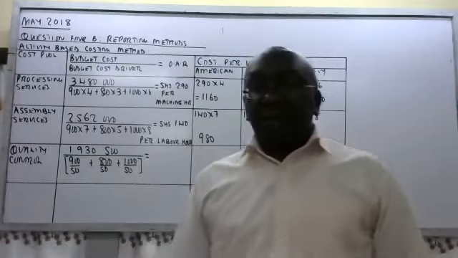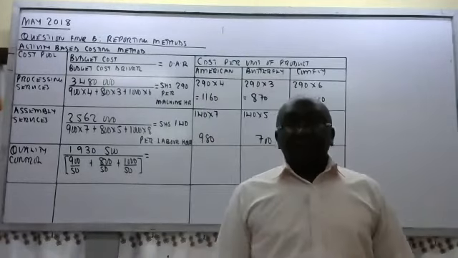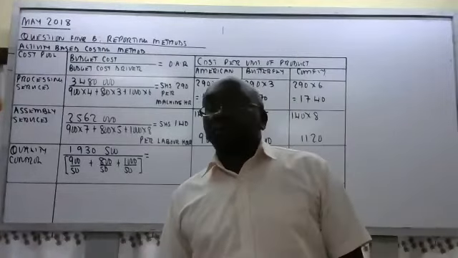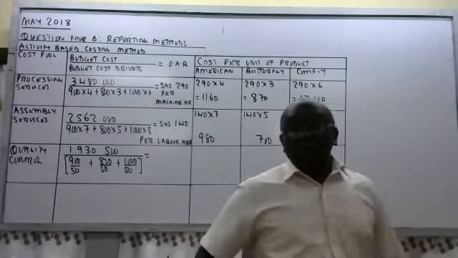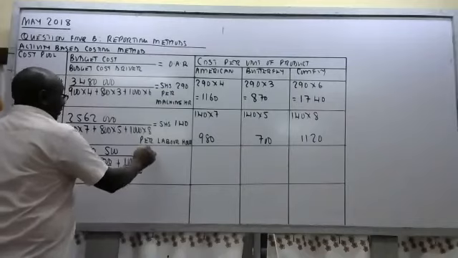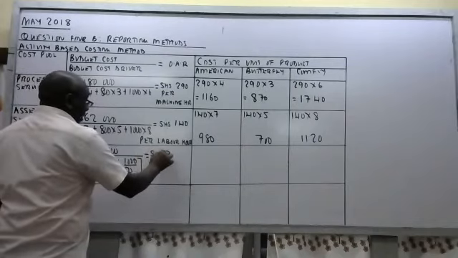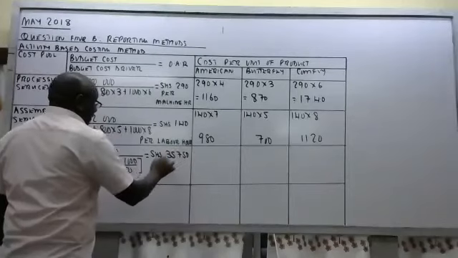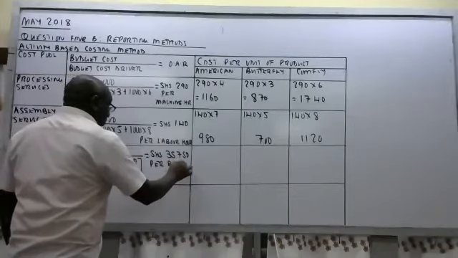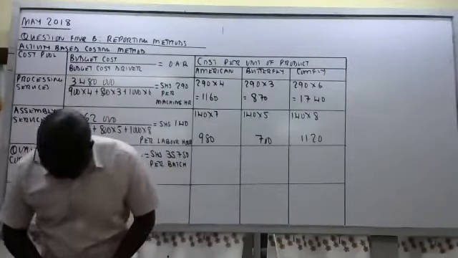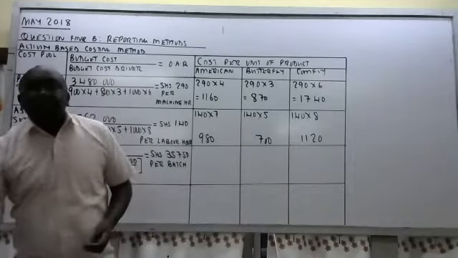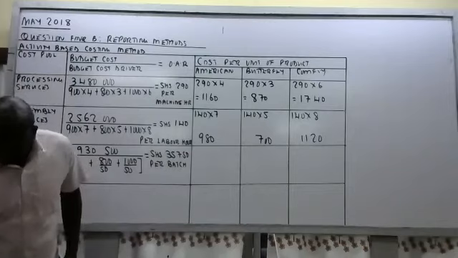Yes, Eva says 5,750. Someone else to confirm? Yeah, even Beth, 5,750. So this is shillings 5,750 per batch. Is it per batch or per setup? Yeah, it's per batch.